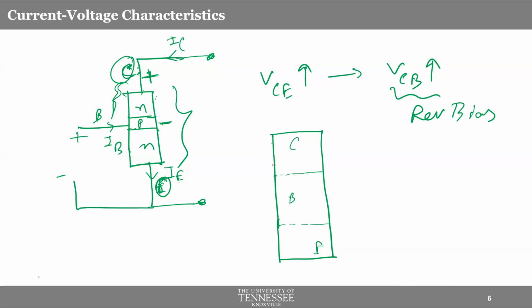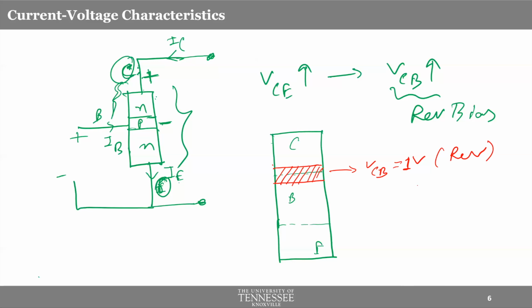Say, let's consider that for a regular collector base voltage, which is reverse biased, you have this much width, for say VCB of 1 volt. That's the reverse bias voltage, by the way.